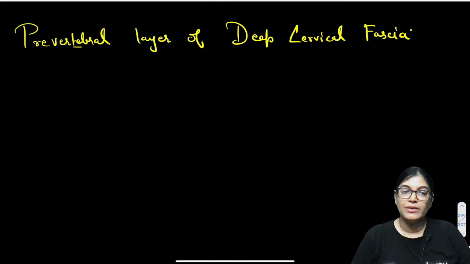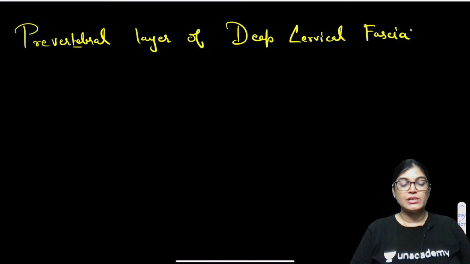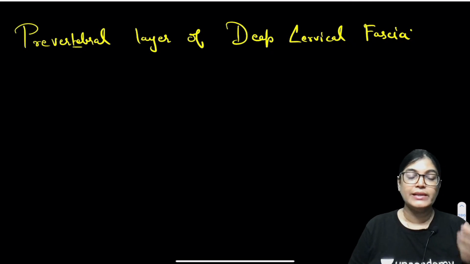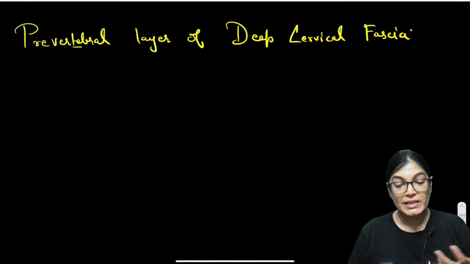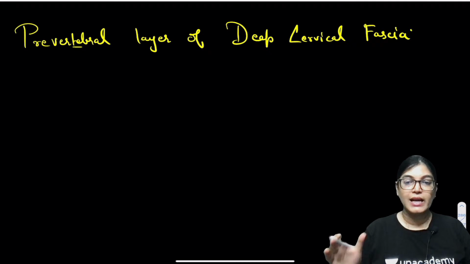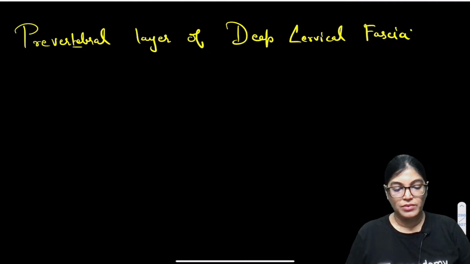If we talk about its horizontal and vertical tracing, when we are tracing it horizontally, what happens? It is also arising from the investing layer of deep cervical fascia, and thereafter it covers the scalenus group of muscle, levator scapulae muscle, splenius capitis muscle, and there it forms a fascial carpet for the posterior triangle of the neck.